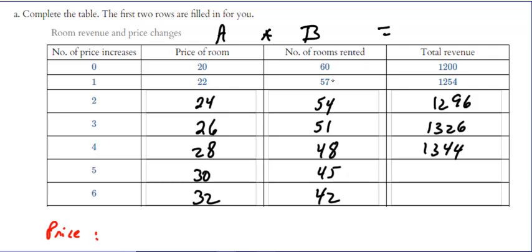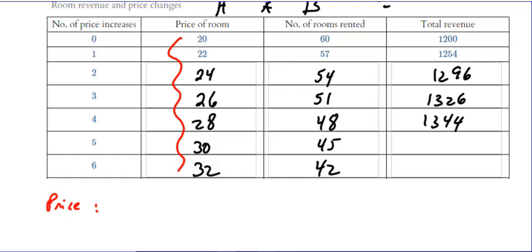For every price increase of $2, the number of rooms go down by 3. So if we're just concentrating on this side and kind of looking at it, it's 20 plus 2 times X, right?